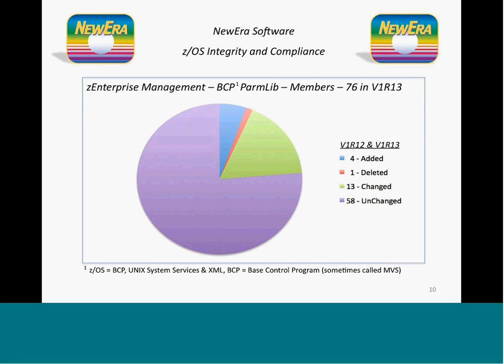Now, let's talk about the changes that have taken place to PARMLIB, that configuration component that controls the base control program. Did you realize today there are over 76 PARMLIB members? 50 of those haven't changed between 11, 12, and 13, but 13 of them have changed substantially. 4 new were added and 1 was deleted.